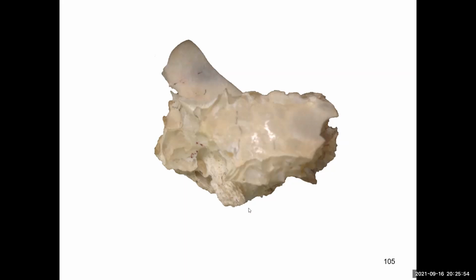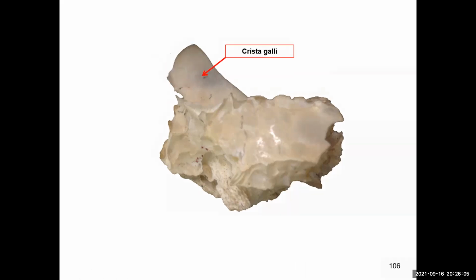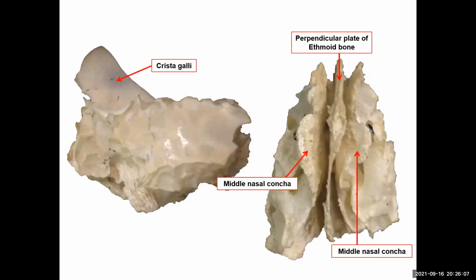All right, so here's the ethmoid bone. And then, come on, computer. Don't fail me. There's the crista galli. And we haven't talked about these other structures. Well, we have talked about the perpendicular plate of the ethmoid. All right, so this is a lateral view right here. And over here, this is an inferior view.